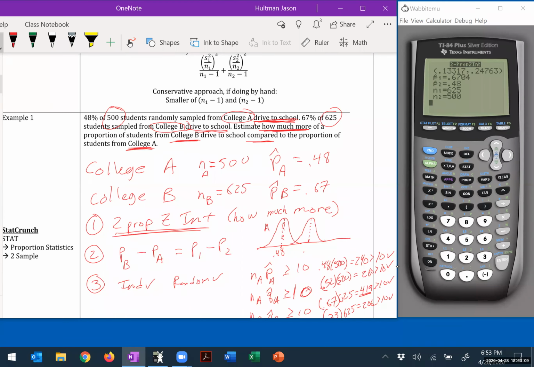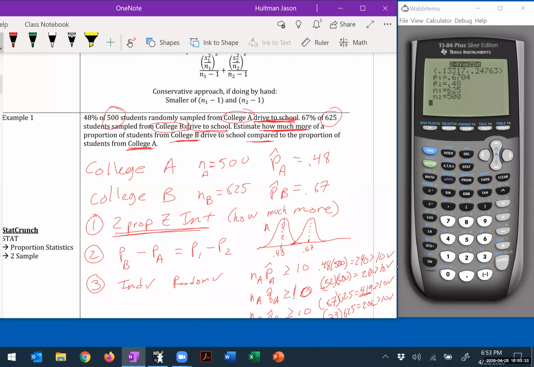Whereas here, I would have college B at 67%. And so you get not even an overlap to where they could possibly be equal to each other in the same population.